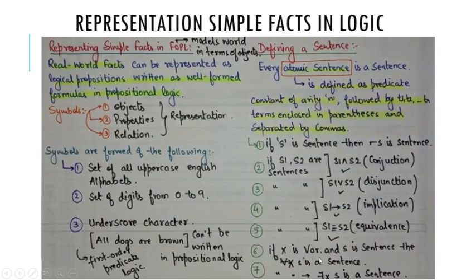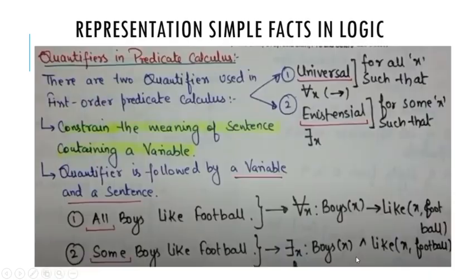Here the for-every and the existential signs are used. The universal symbol means for all x such that, and the existential symbol means for some x such that, not for every x.